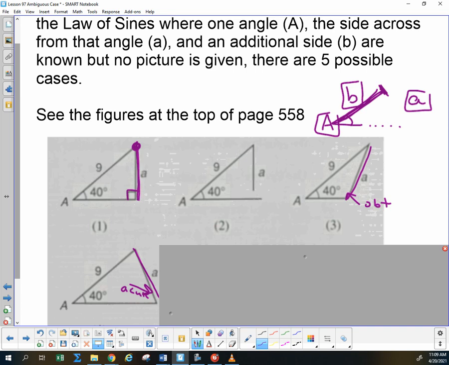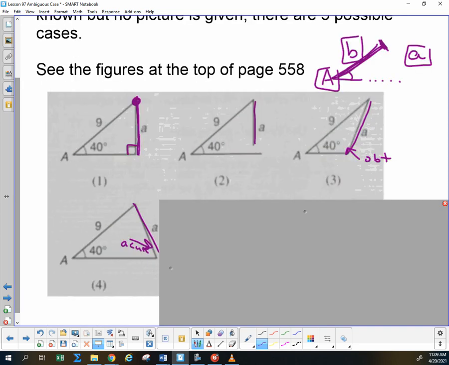And if they happen to tell us a number that's not long enough, maybe we have no triangle right there. It doesn't really touch and meet. The ambiguous case is going to be what you see in pictures 3 and 4.